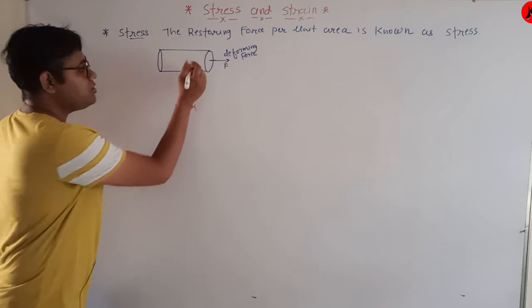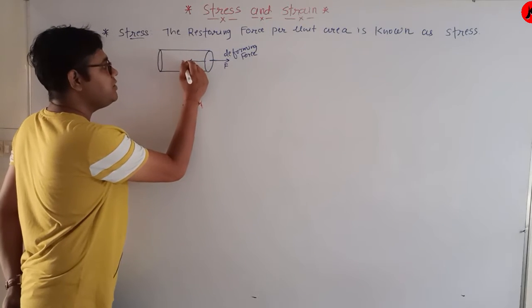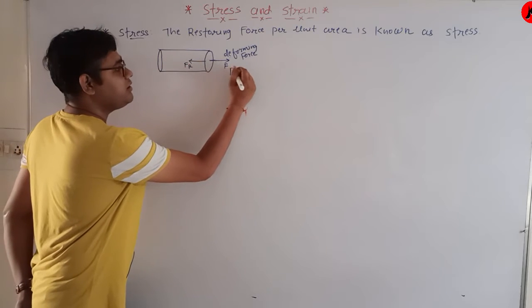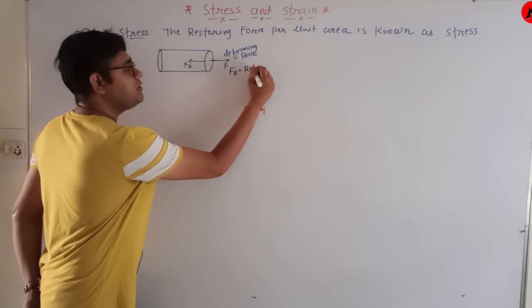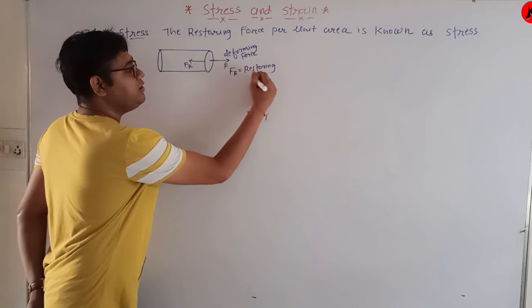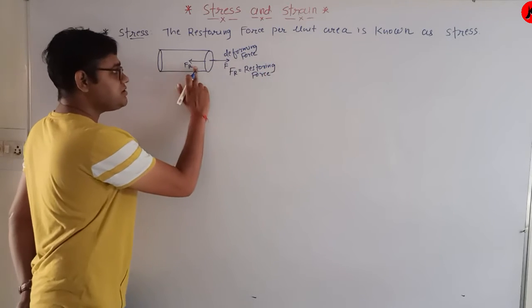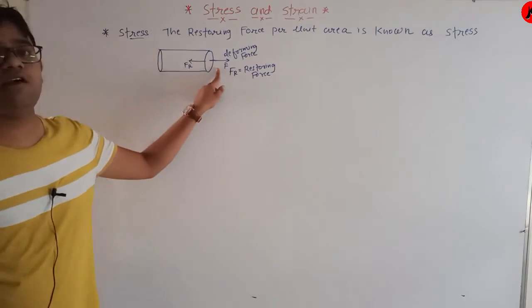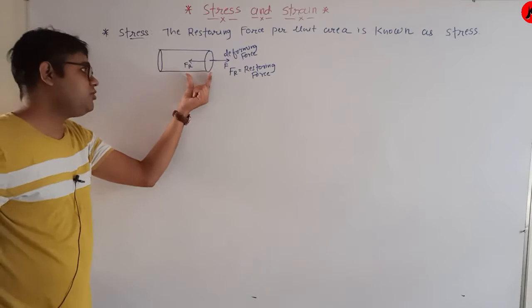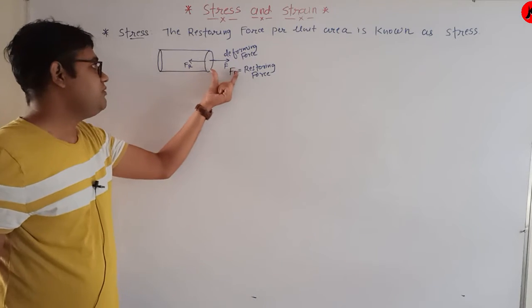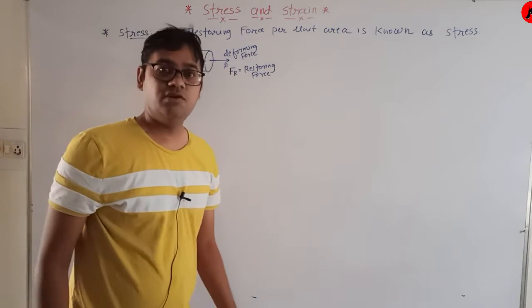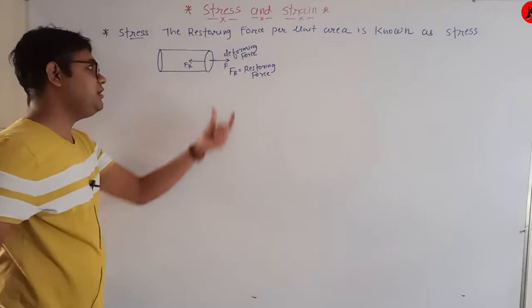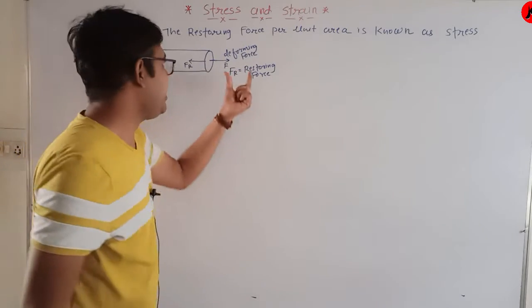That's why it also generates one force which is known as restoring force. Fr is restoring force which is in opposite direction to applied force, and the magnitude of restoring force is equal to the applied force. So ultimately this restoring force is equal and opposite in direction to this applied force F, right?